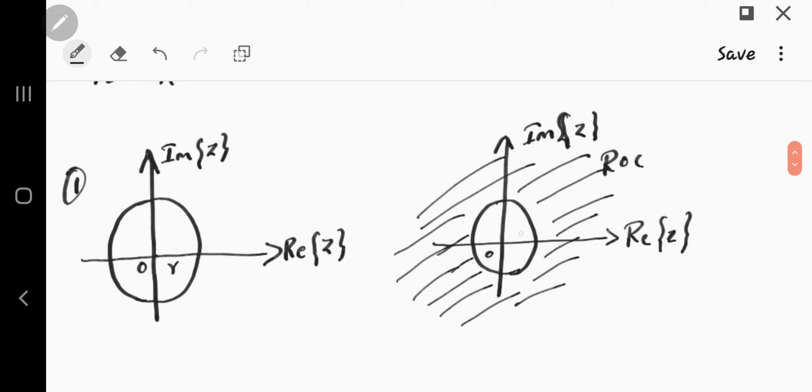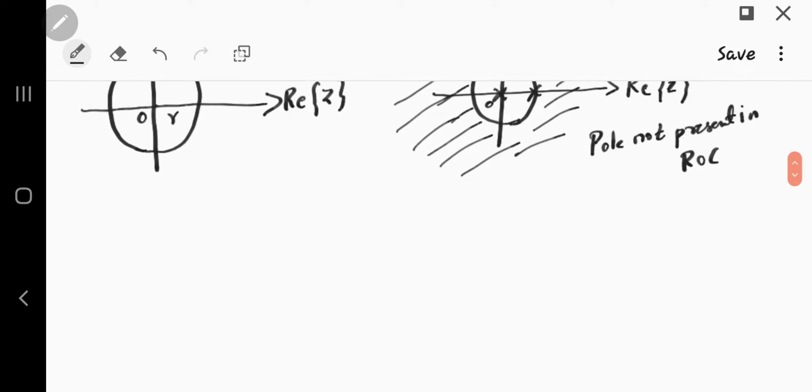They may be at the origin, or at some other point in the circle. We don't know where, but the poles won't be present in the ROC. So this is the second property: poles are not present in the ROC.